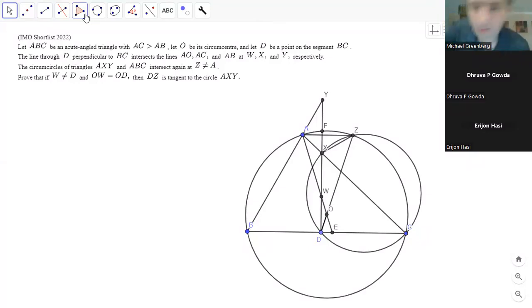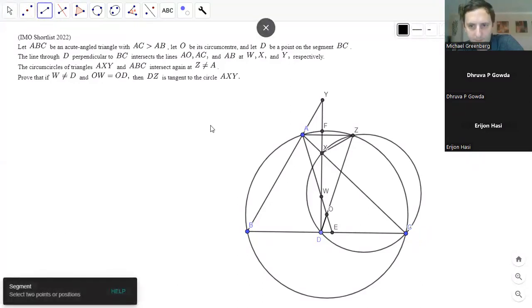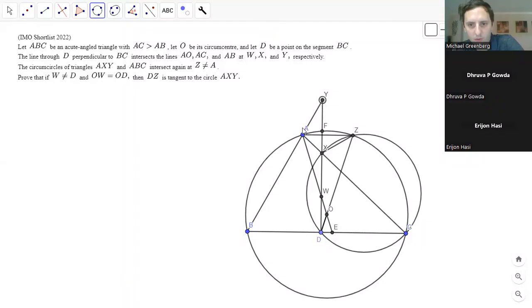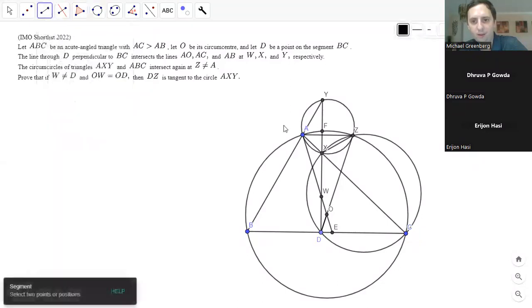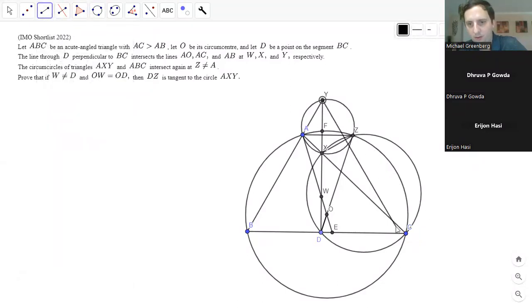All right, I'm back. Okay, so as you mentioned spiral, I think Z is some kind of Miquel point of AXDB. It's a good point. So then we have the cyclic.